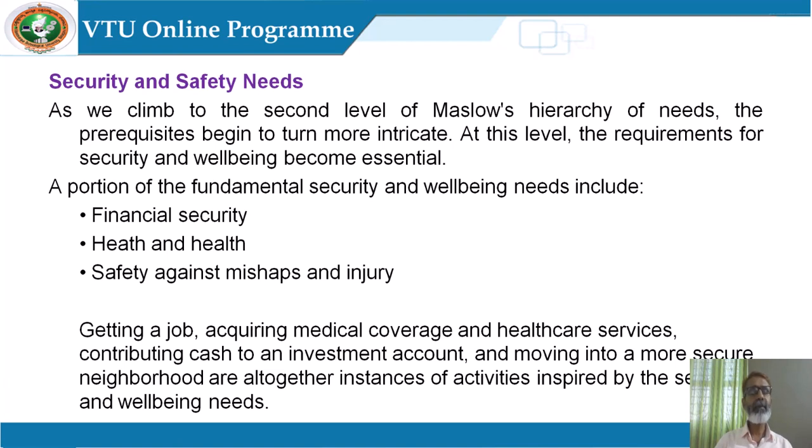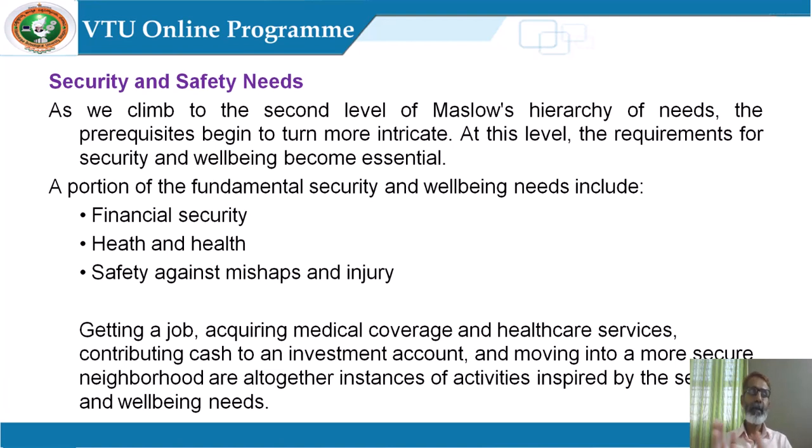At this level, the requirements for security and well-being become essential. Once we met the basic needs, that is physiological needs, then we think about the security for my life and safety for my life. When we look at the security and safety needs, maybe first when you get a job, you may be thinking about food and garments.